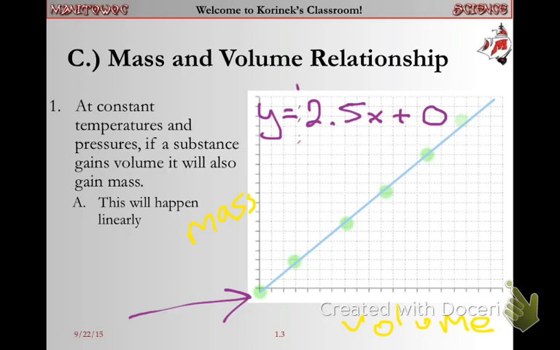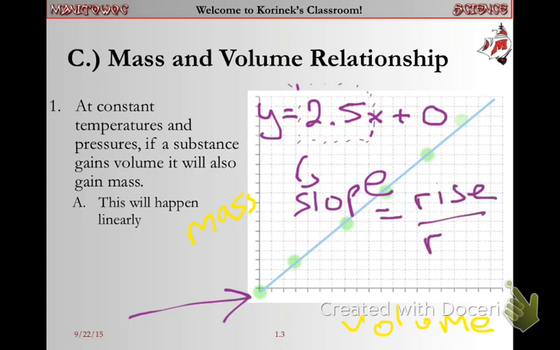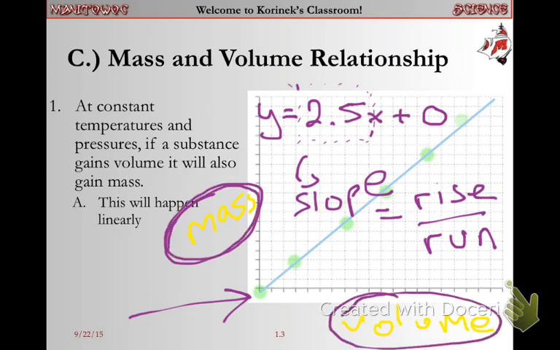That 2.5, remember, is the slope, and the slope is going to be a really important point. If you remember, slope equals rise over run. So what's our rise? Our rise is our mass, and our run is our volume.